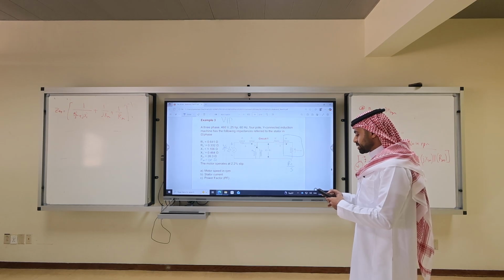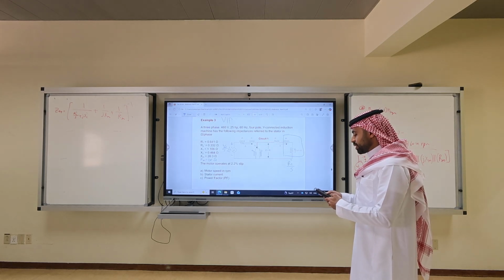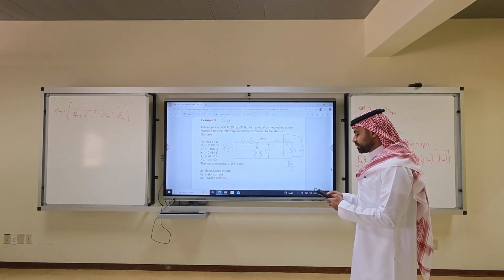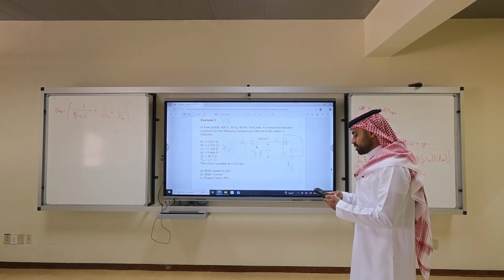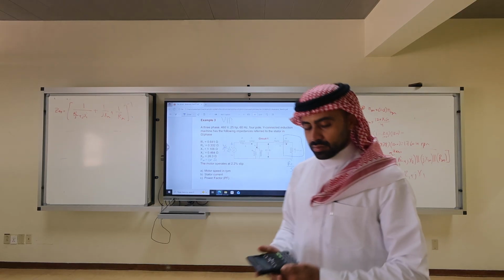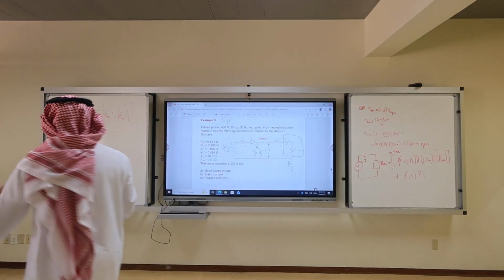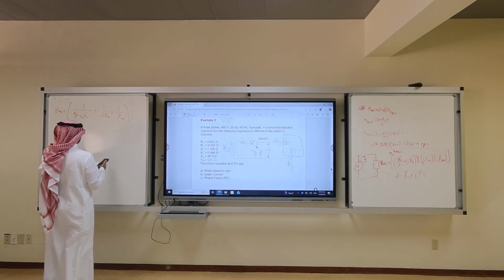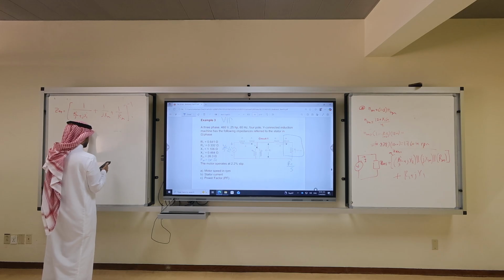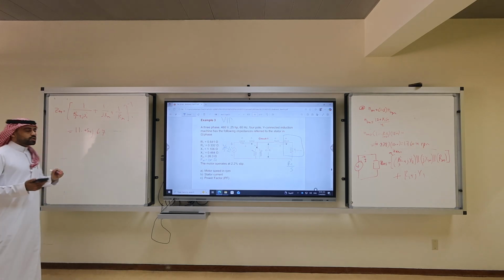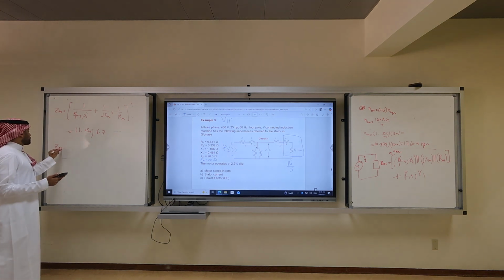X2 is not 26. X2 prime is 0.464. Plus 1 over infinity. What is 1 over infinity? 0. So what is the equivalent one? 11.05 plus J 6.7.